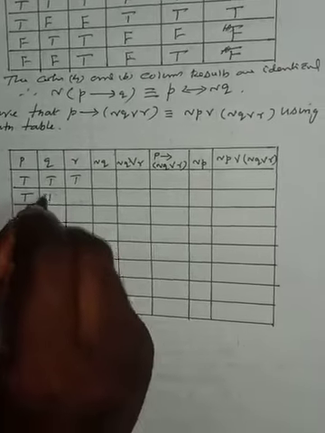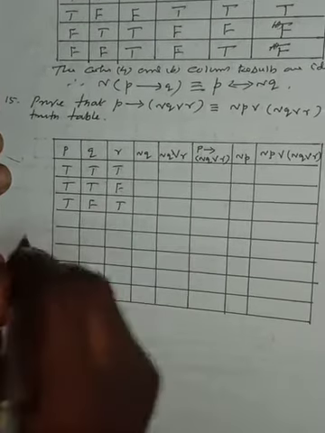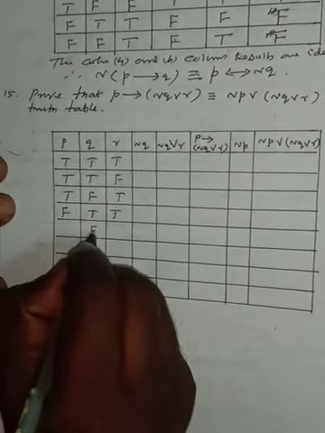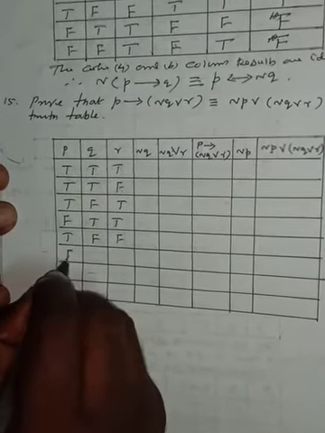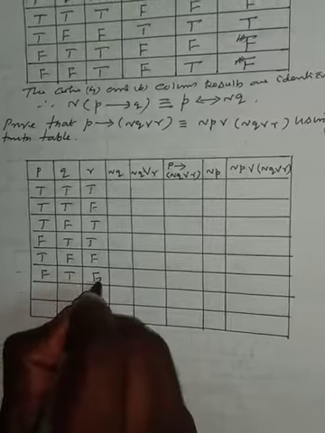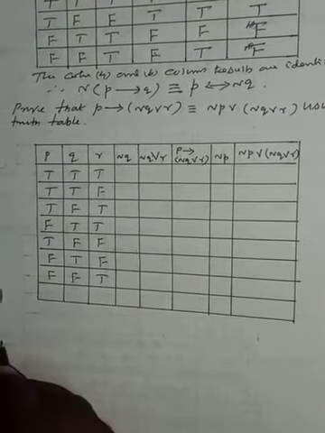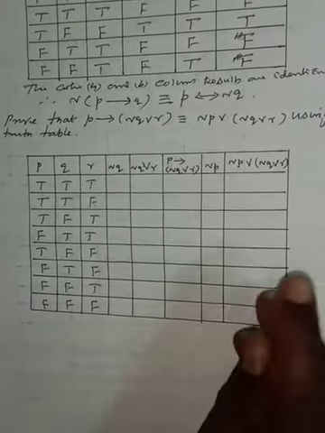T, T, F, T, F, T, F, T, T. Next double F, F, F, one T. Next F, T, F. Next F, F, T, then F, F, F. Okay.